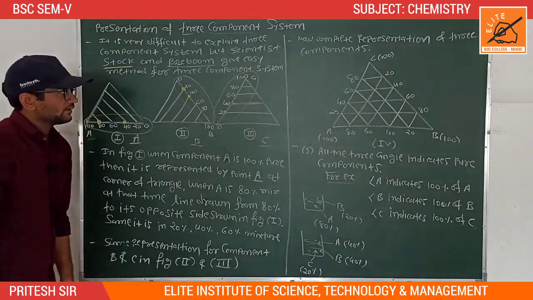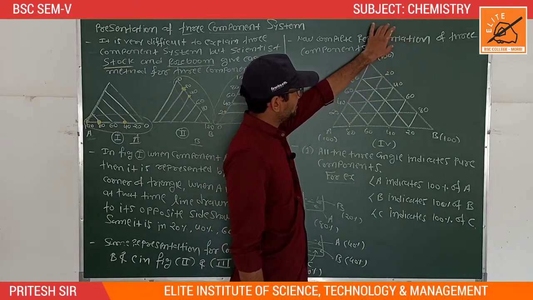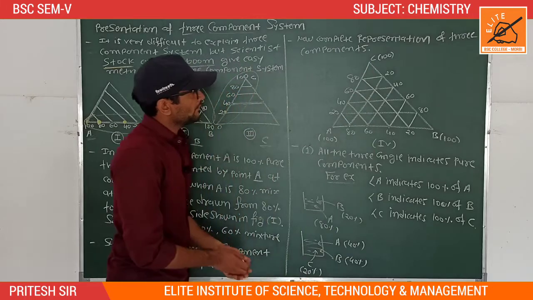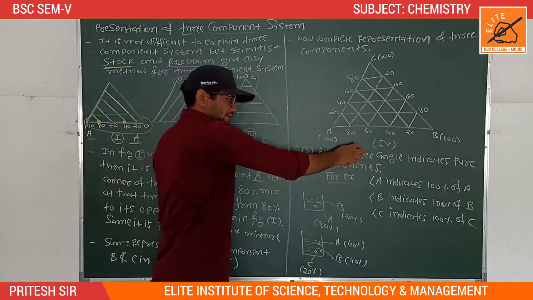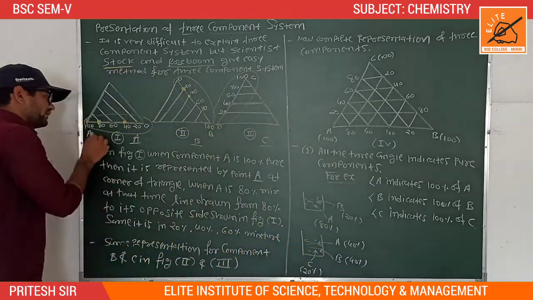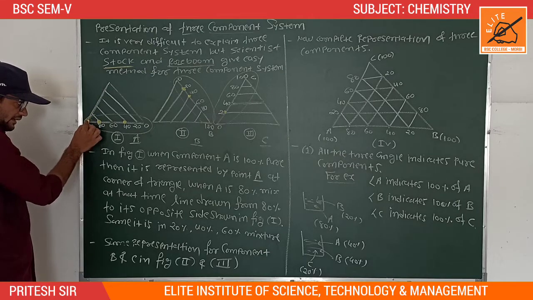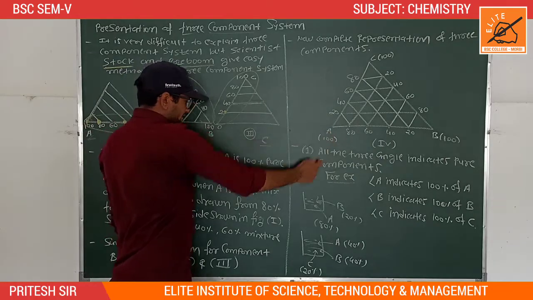Okay. So now the complete representation of three components. How to define the complete three component system in only one triangle. This is figure number 4. So here we can see that the value of this corner, it means the composition of A is 100%.